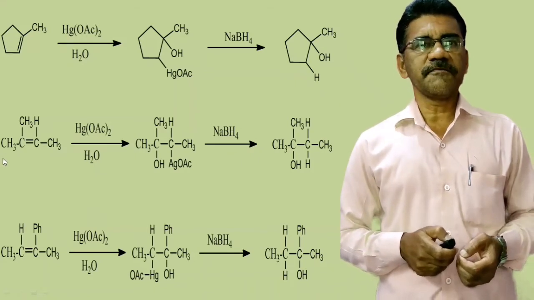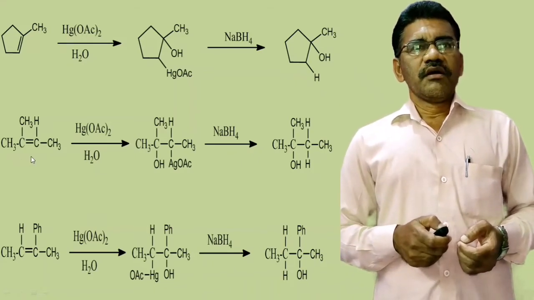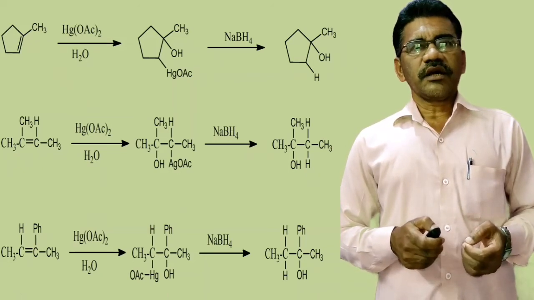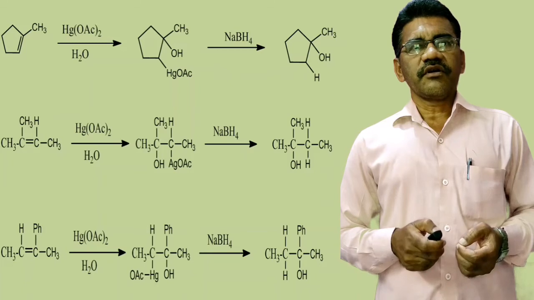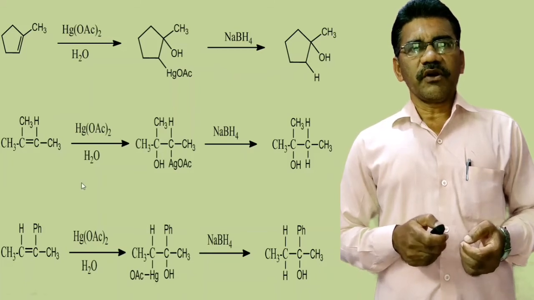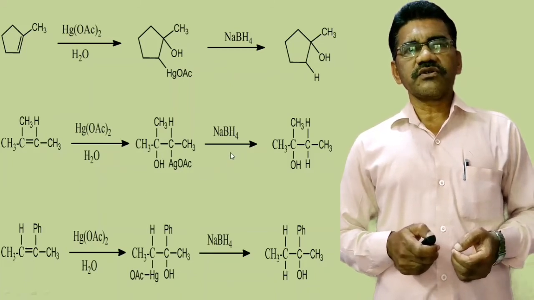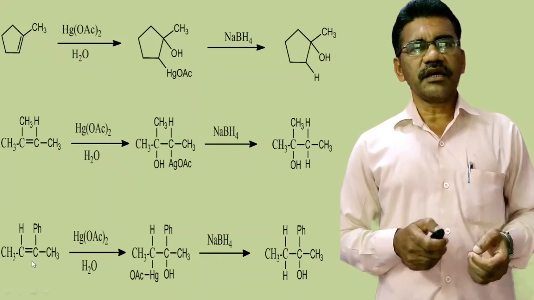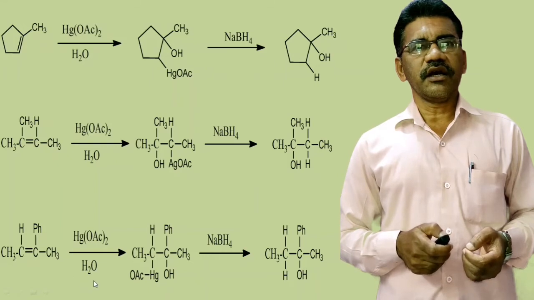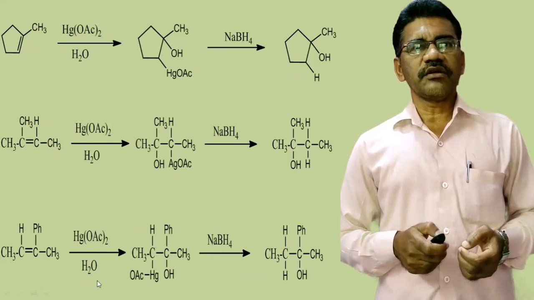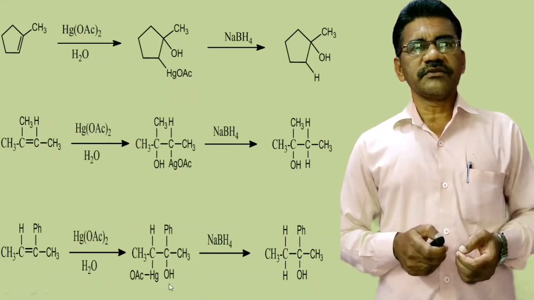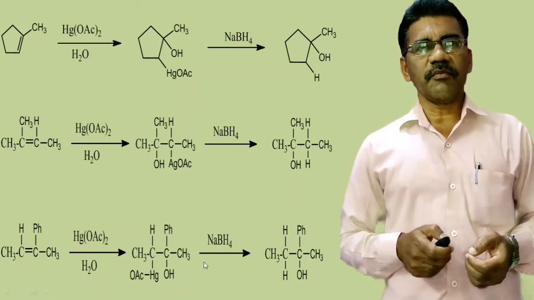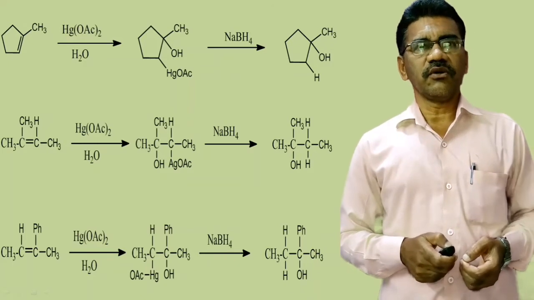Next example, an alkene reacts with a mercurial compound in presence of water to form the mercurial complex and then produce the alcohol. And the last example is a phenyl compound containing an alkene group, which reacts with mercuric acetate in presence of water to form a mercurial compound, and the mercurial compound is then reduced to the alcohol.